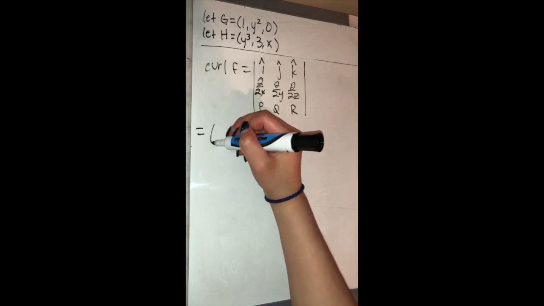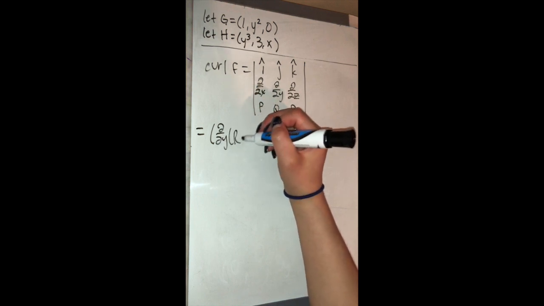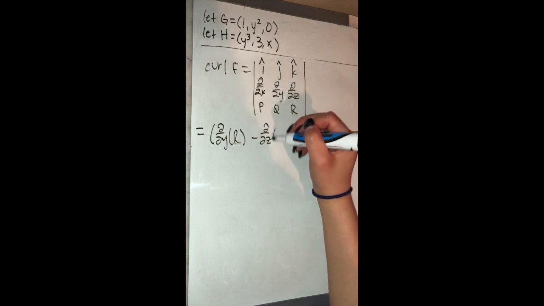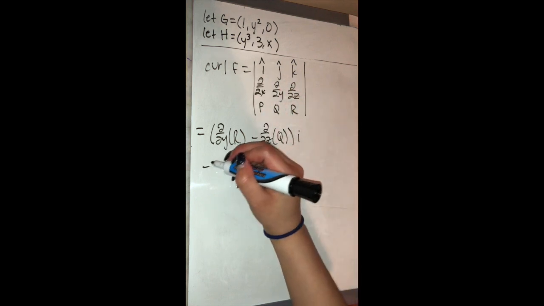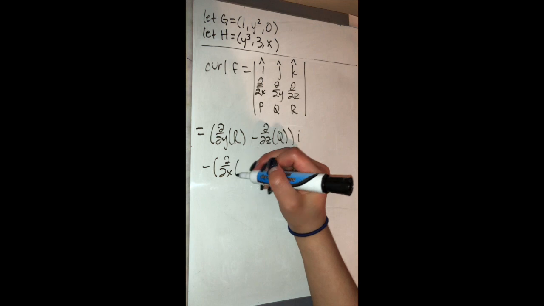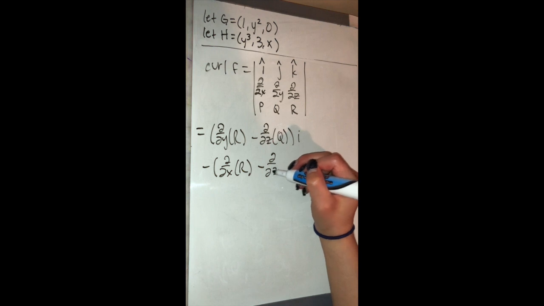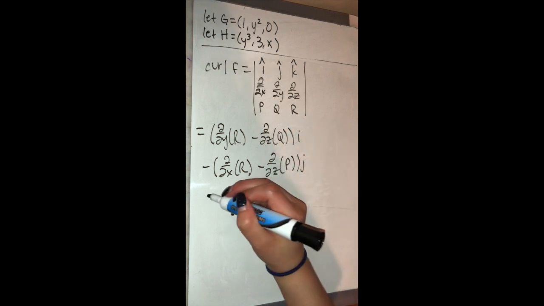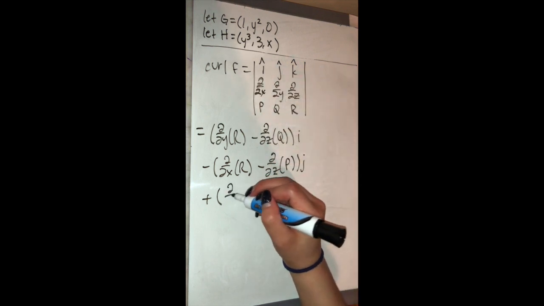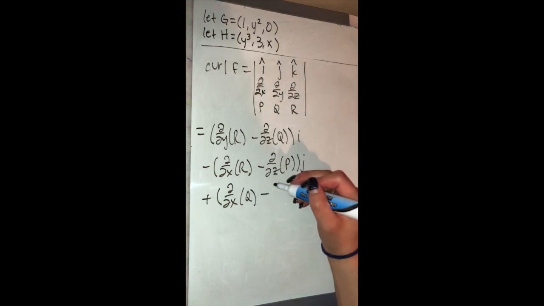When you multiply it out, your I component is partial with respect to y of r minus partial with respect to z of q, subtracting your j component, partial with respect to x of r minus partial with respect to z of p, and lastly your k component, partial with respect to x of q minus partial with respect to y of p.